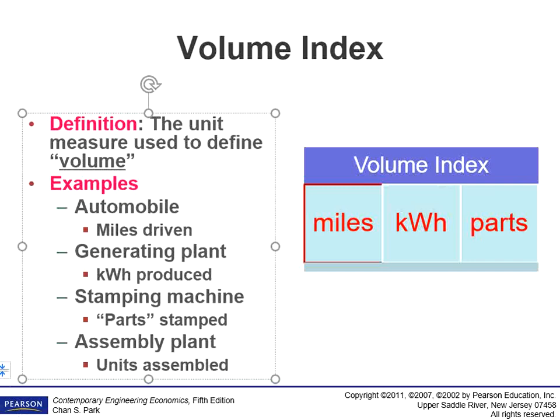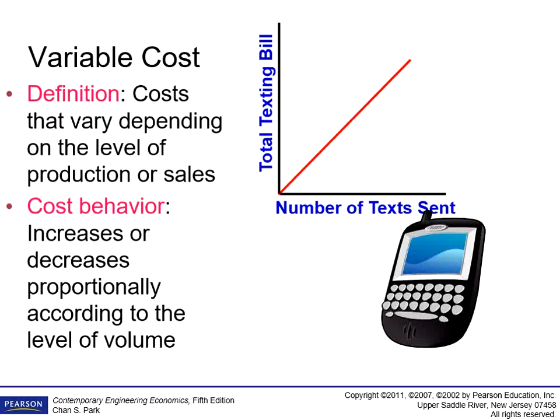So moving to the next slide, which is variable cost. Variable cost is the cost that varies depending on the level of production or sales. This is what we call variable cost. Let's say the cost of a material used in making this phone, as an example. What is the cost of the material if there are 0 phones made?